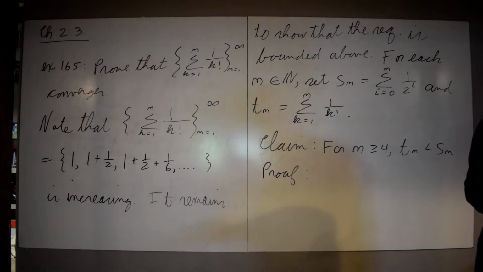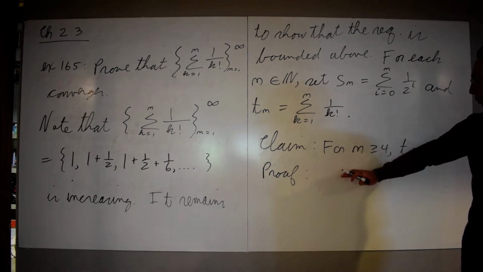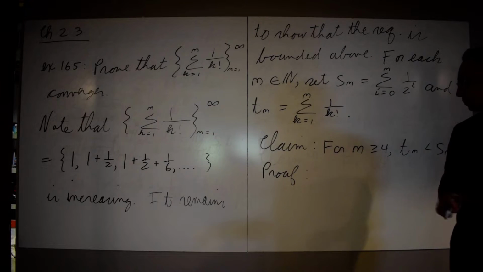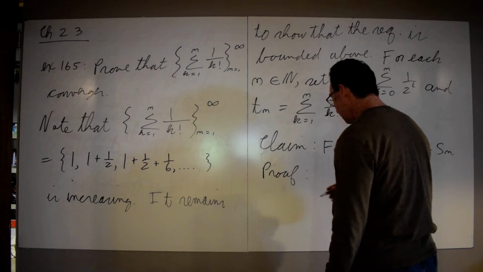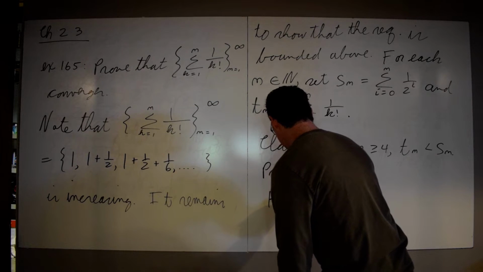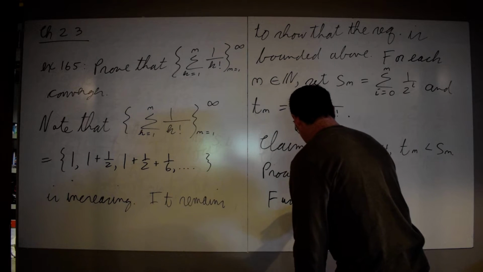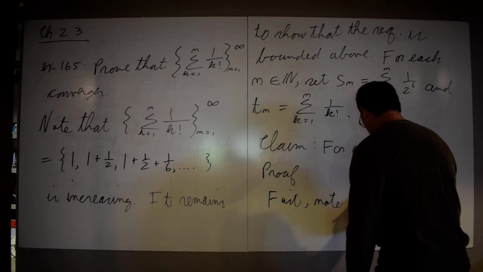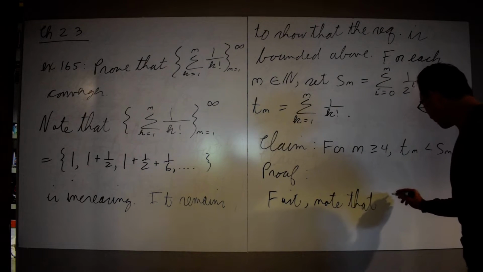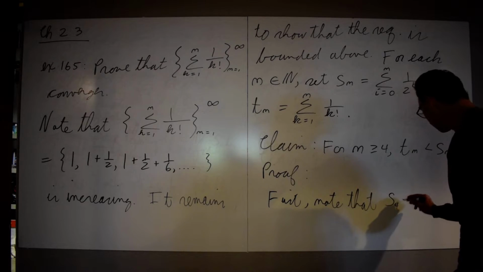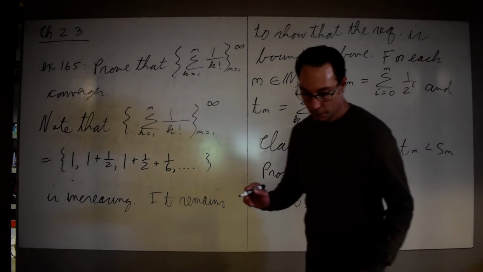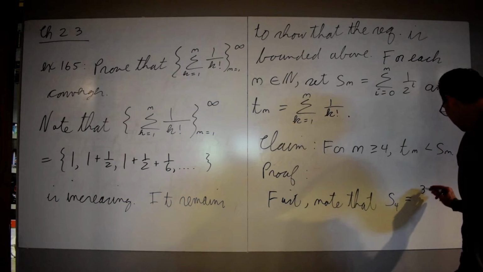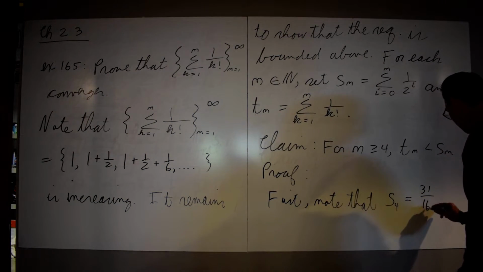So now in the middle of the proof of our example, we're going to prove our claim. And we're going to prove our claim using induction. So first, note that S sub 4 is equal to 31 divided by 16, almost 2.